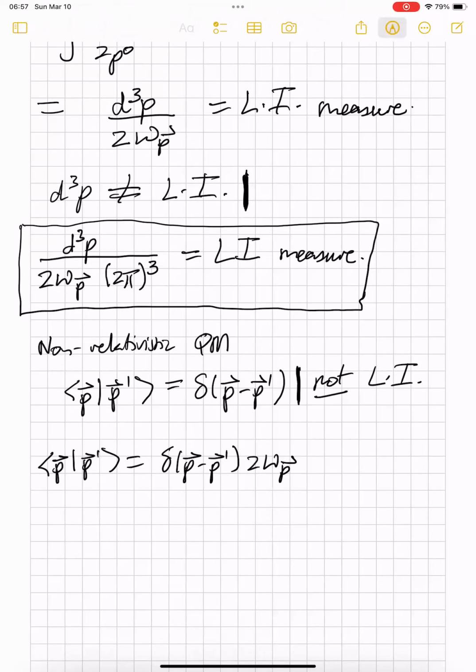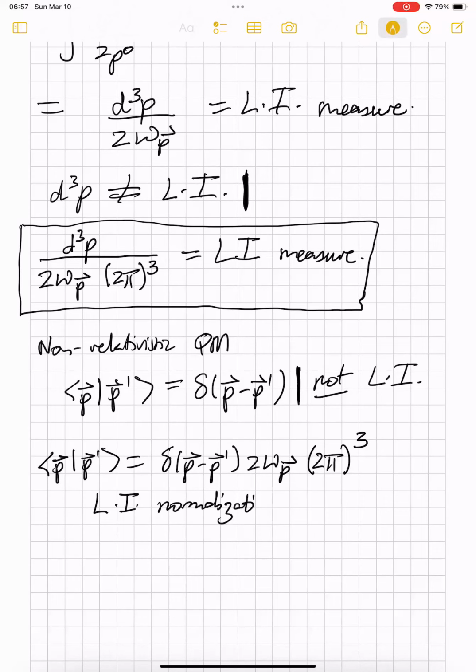So if we need to divide the measure by 2 omega p to get something that's Lorentz invariant, we need to multiply the delta function by 2 omega p to get something that's Lorentz invariant. And we will again put in the 2 pi cubed, and this is again going to be to get the 2 pi's straight in all of the Feynman rules. And this is now a Lorentz invariant normalization.